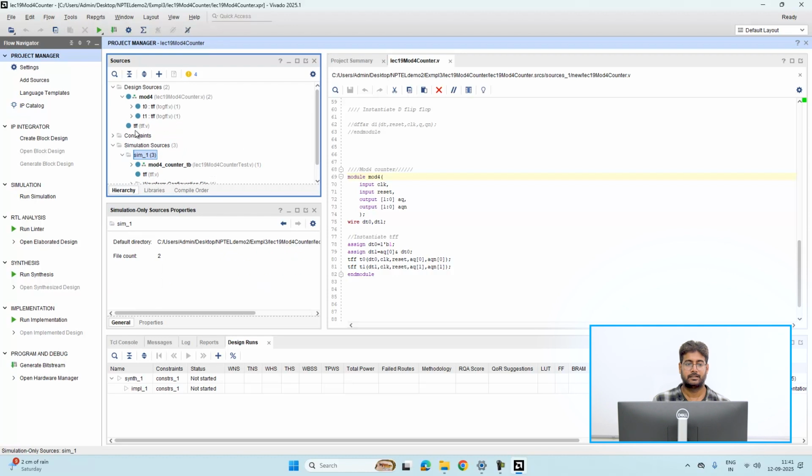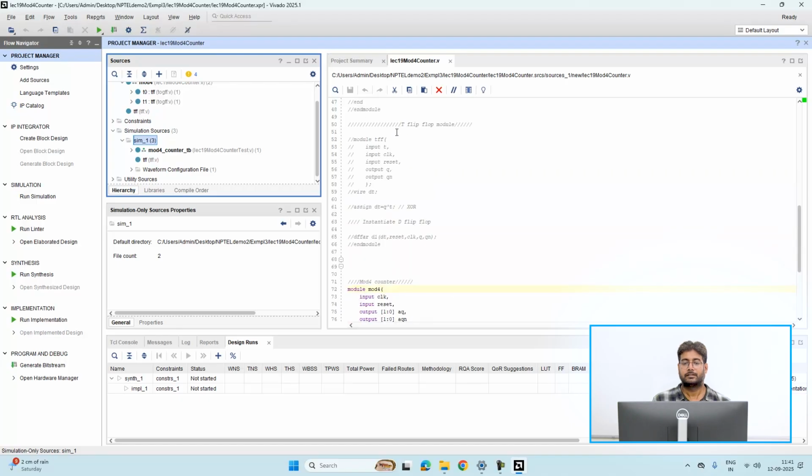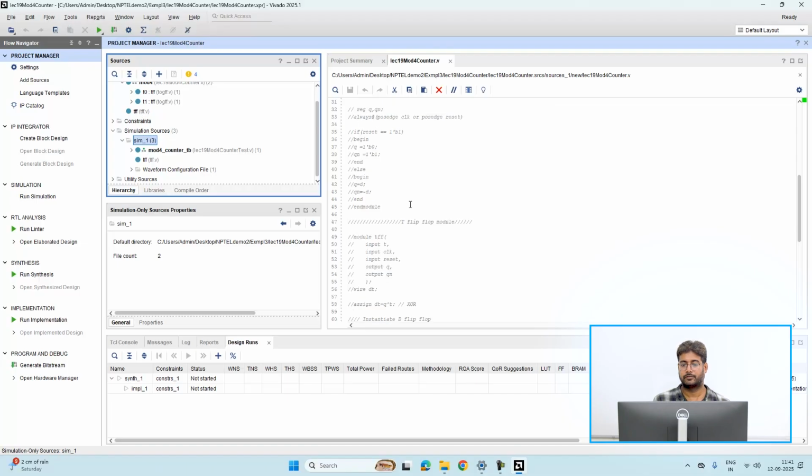Here you can see that this toggle flip-flop source file is already added here. Thus, we are able to instantiate it directly here. The original codes I have commented out because we don't need them. We have added them as source codes here. TFF is here, toggle flip-flop.